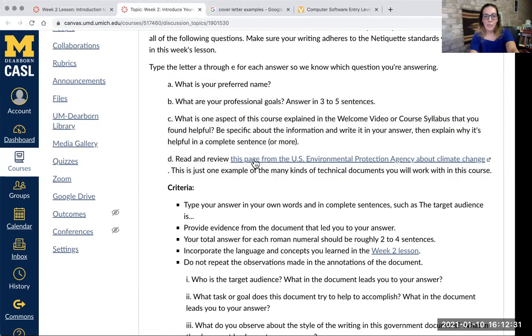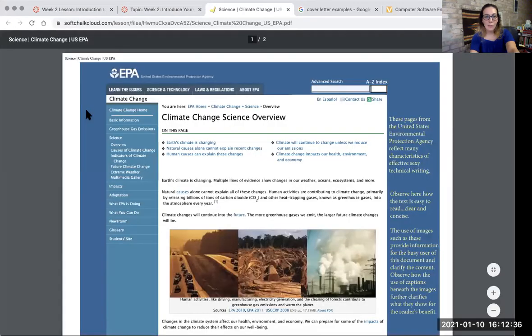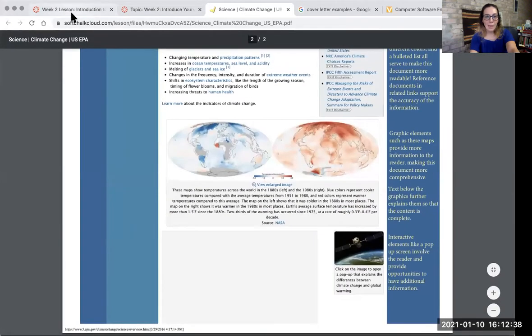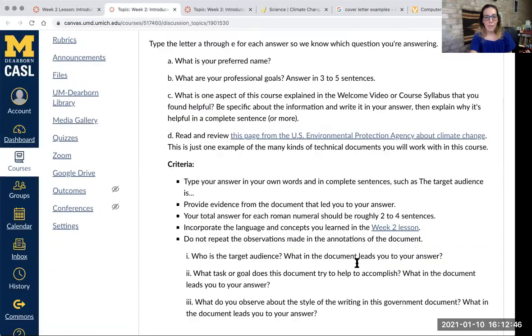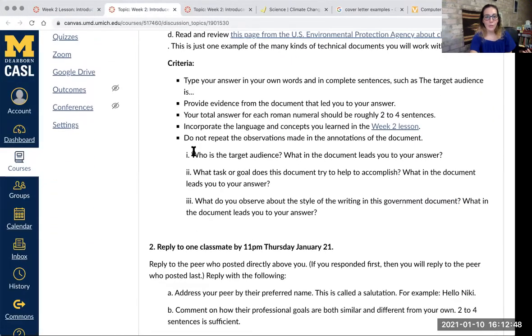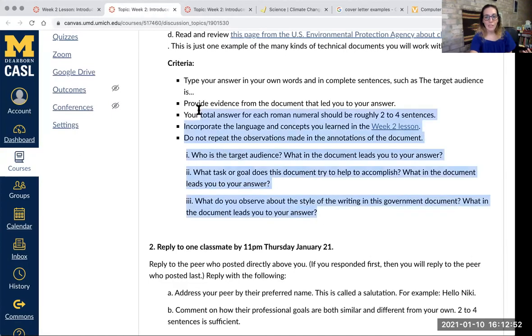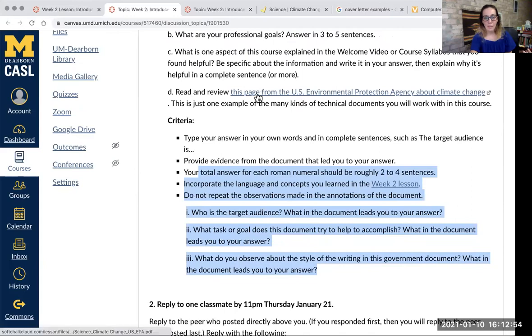And then for D, you're going to open this PDF document, read through it, and analyze it by thinking back to the lesson and the notes that you just took from week 2. And then you're going to post your reply to these questions based on the PDF that's linked here.